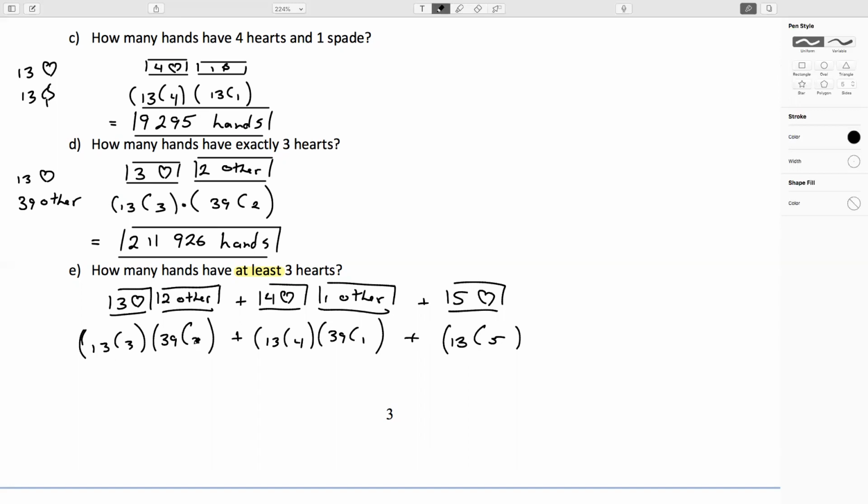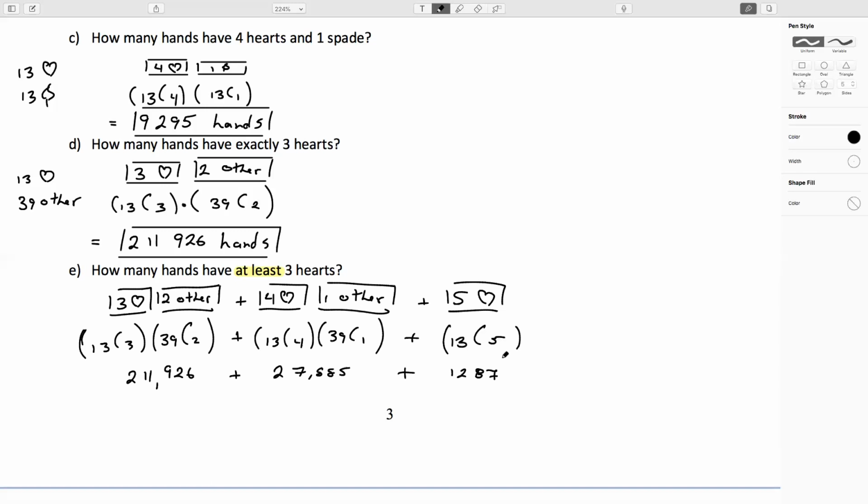13 choose 3 times 39 choose 2 is 211,926. We got that from before. 13 choose 4 times 39 choose 1 is 27,885. And 13 choose 5 is 1,287.